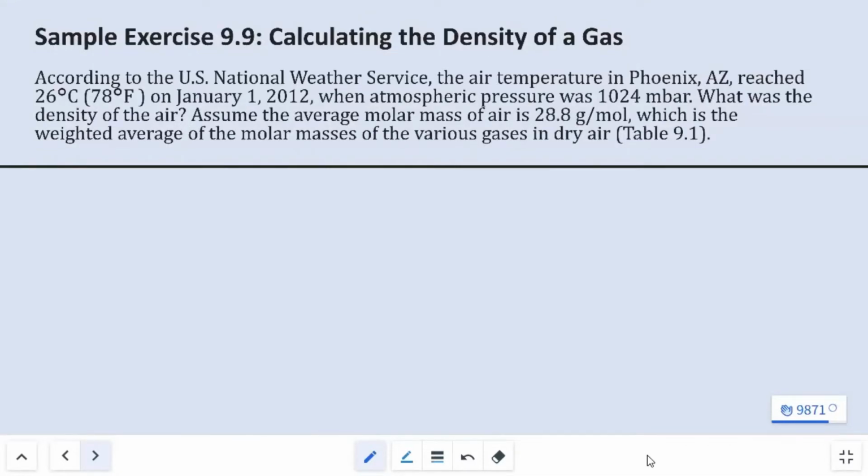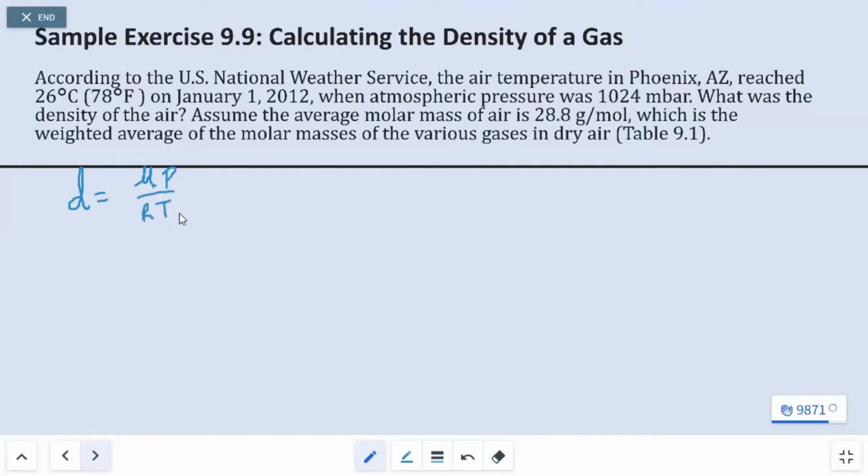So what we're looking at here then is this. Here's an example of a gas density problem. Now, with that equation that we just had, density is equal to the molar mass times the pressure over RT.